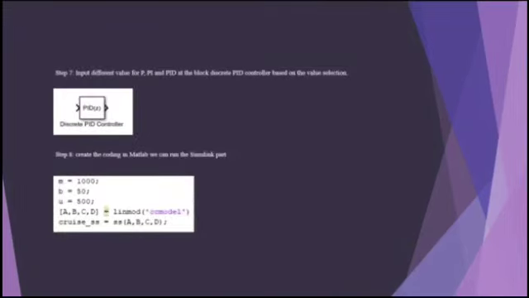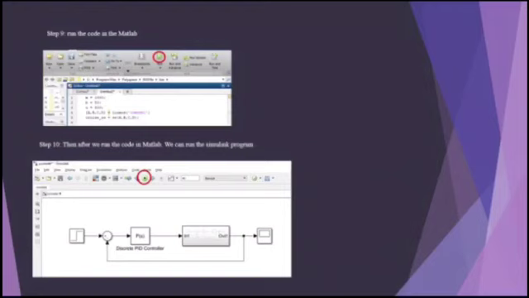Step 7, input different values for P, PI and also PID at the discrete PID controller block based on the value selections. Step 8, create the code in MATLAB so we can run the Simulink by inserting the values of M, B and also U. Step 9 is to click on the run button to run the code in MATLAB.